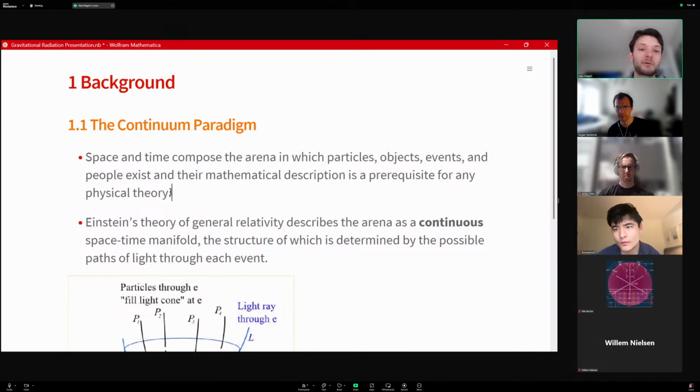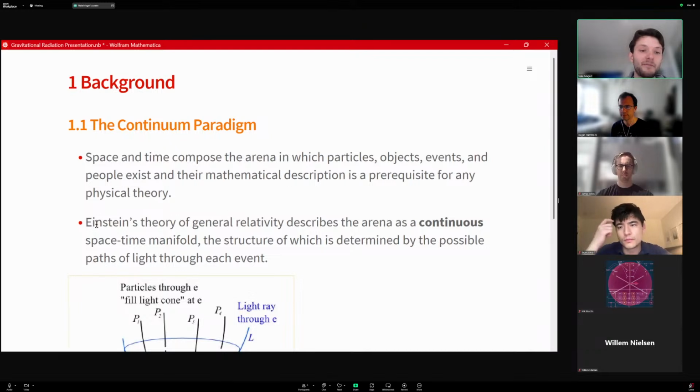But it quickly became clear through experiments on the speed of light that that was not the case, because experiments trying to measure the speed of light in different reference frames resulted in one of the most important results in modern physics, which is that the speed of light is constant for any observer who measures it.